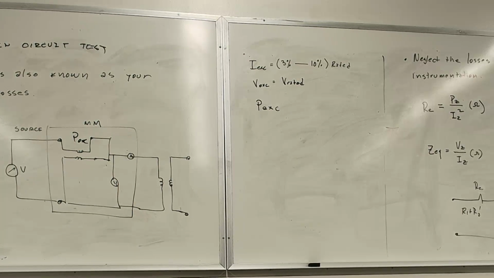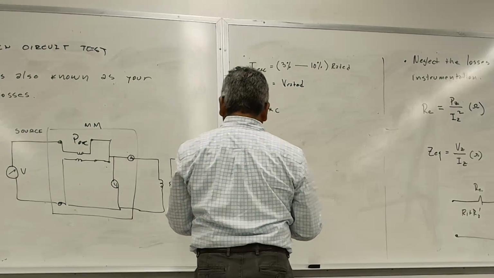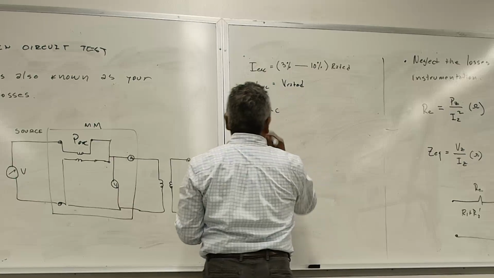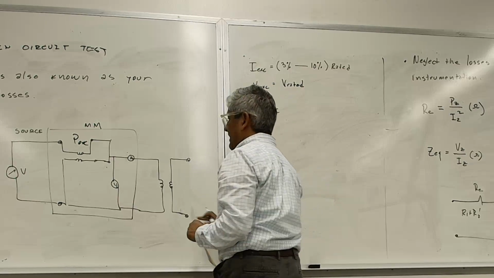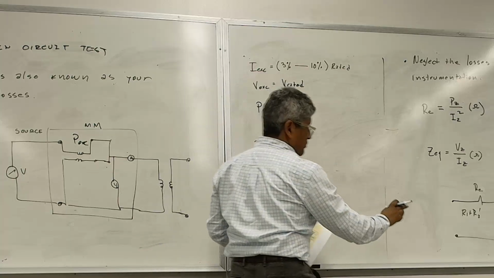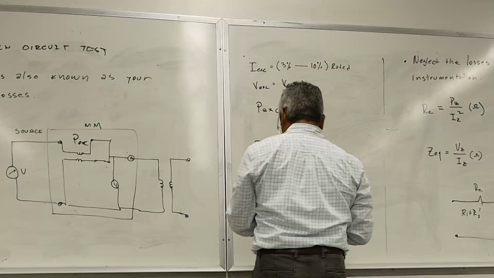But all you gotta do is you follow the steps. Okay, so with that, then we can compute our magnetizing, or M. I'm gonna call this, well, I'll come back to it. Rm.